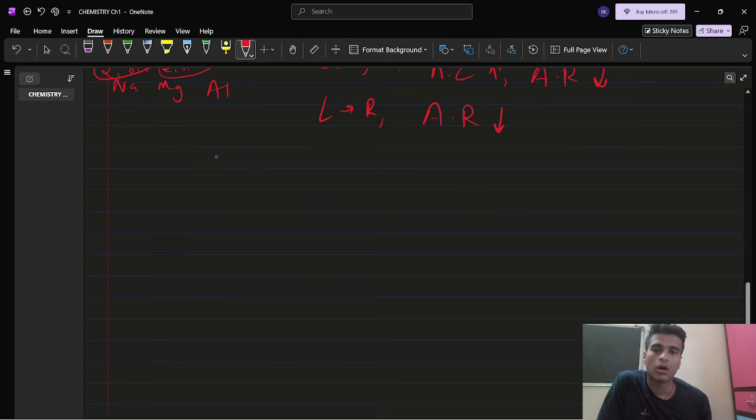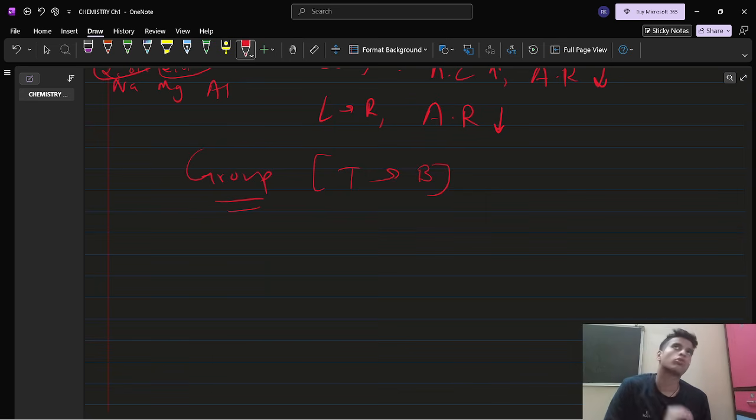Now we will talk about group, from top to bottom in a group. From top to bottom, what happens is, first, we'll talk about the nuclear charge. Nuclear charge बढ़ रहा है. Lithium, sodium and potassium and so on. But अभी इसमें 2,1, 2,8,1, 2,8,8,1.